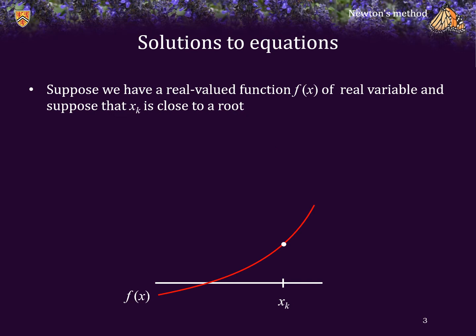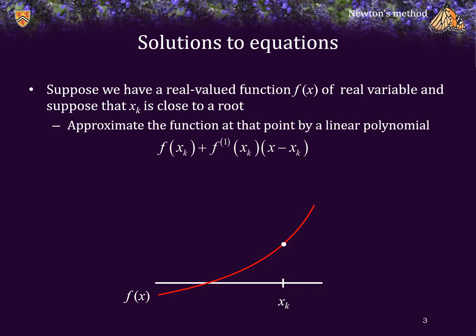Now, suppose that we have a real valued function f of x, which is of a real variable. And suppose that we have a point x sub k that is known to be close to a root. Well, in this case, we could approximate the nonlinear function at the point x sub k by a linear polynomial. That is a first-order Taylor series approximation. That would be that line there.